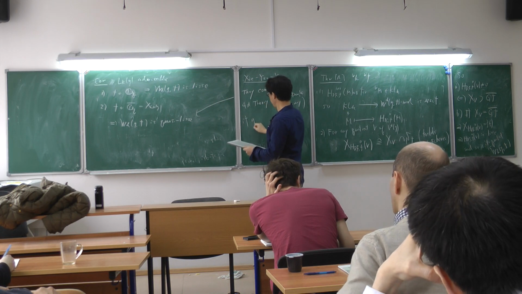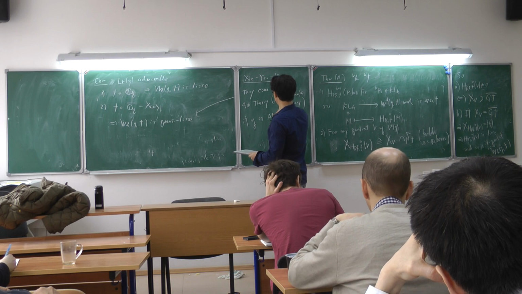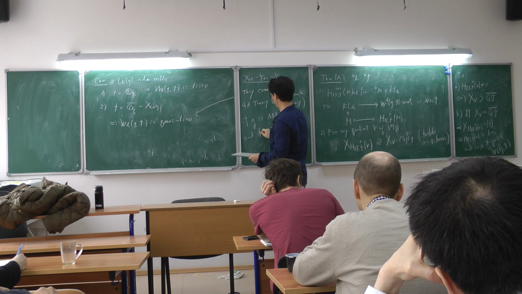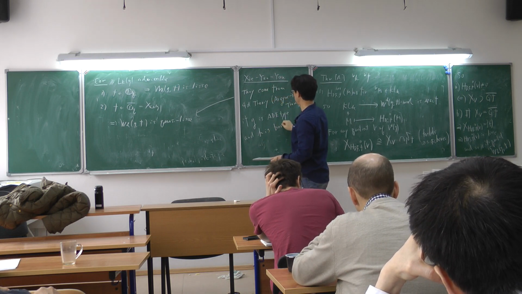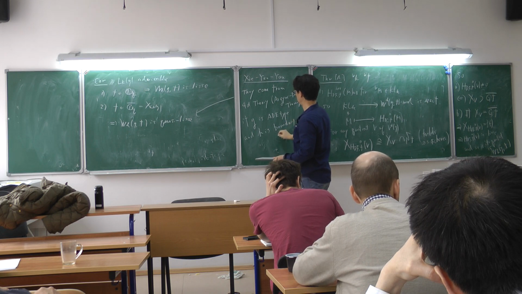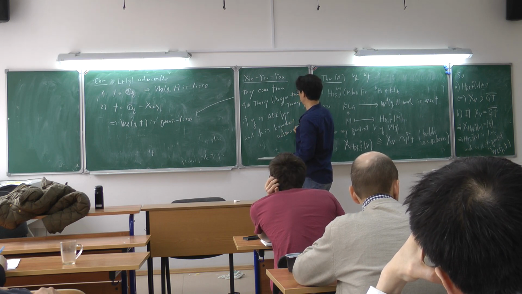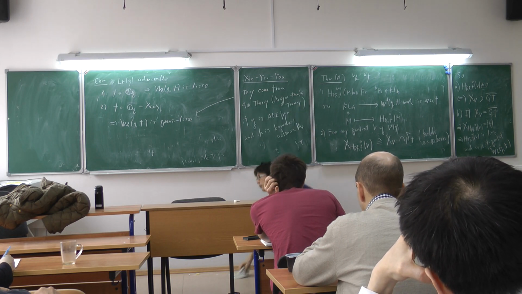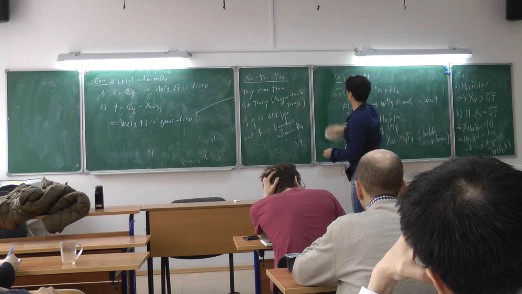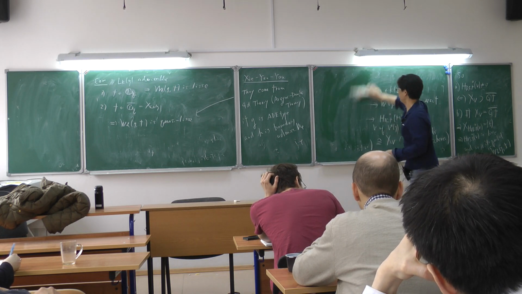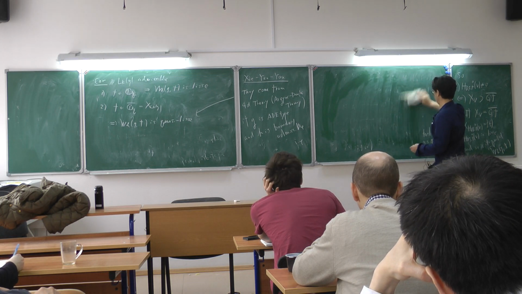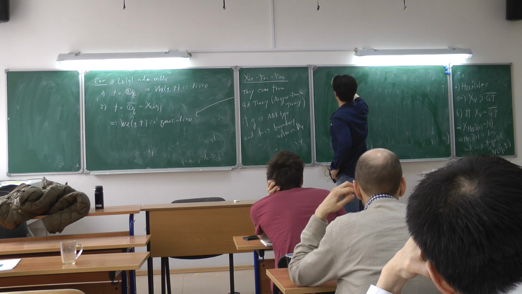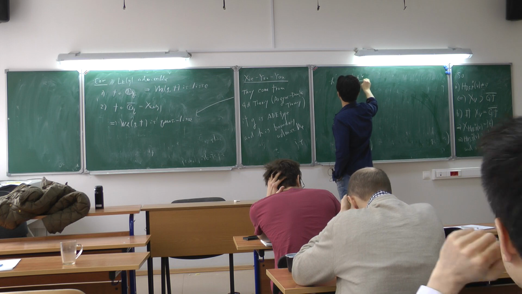If G is ADE type, and the k is boundary admissible. So boundary admissible means that k plus h has the following form.